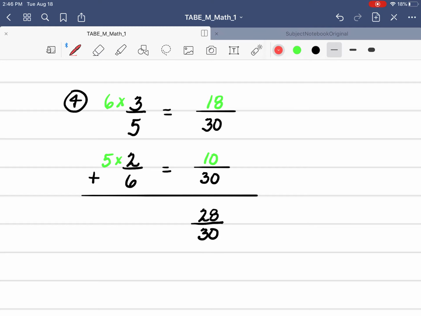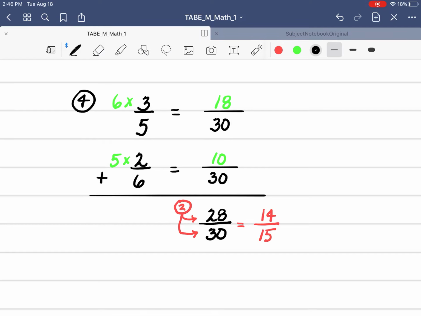So I get 28 30ths, which will reduce by a 2. 2 into 28 is 14, and 2 into 30 is 15. So either the black or the red could be the answer.